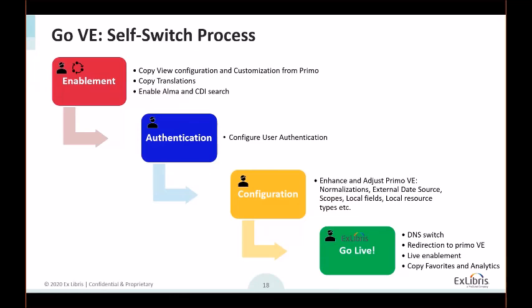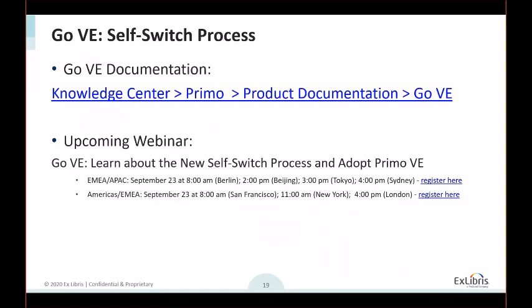We published this week a new documentation about Go VE, which is not the Primo VE documentation, but a new set of documents written from the view of how to convert Primo configuration to Primo VE.